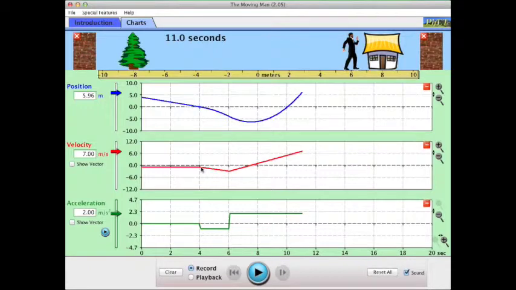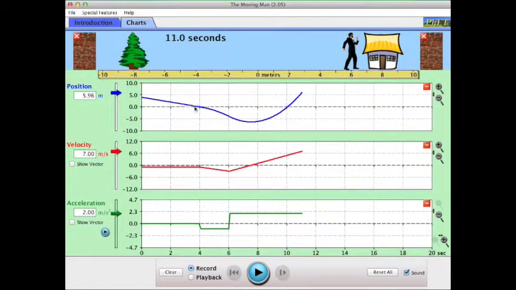Now a change in velocity is attributable to a change in acceleration. So we can see where the acceleration here is at minus 1 meters per second, to 2 meters per second to the right.